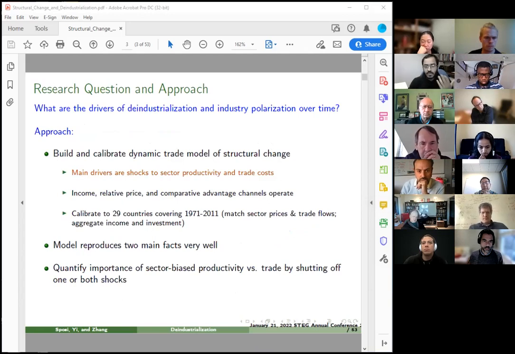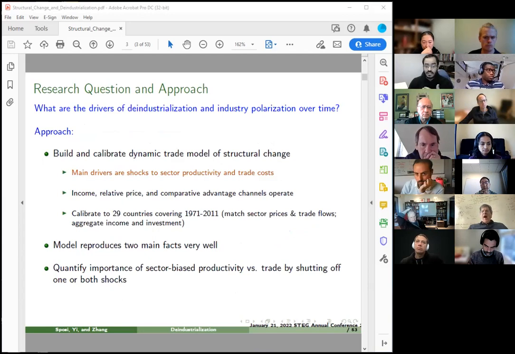Yeah. So going back to the model, we're going to have two key driving forces. They're going to induce structural change, and they're going to be mediated through various mechanisms that include income and price effects, in addition to comparative advantage and investment dynamics. The first exogenous force is going to be technological progress, specifically asymmetric productivity growth across the different sectors.